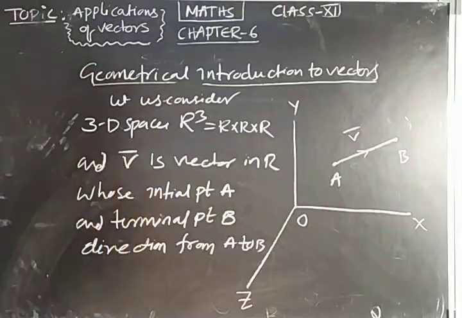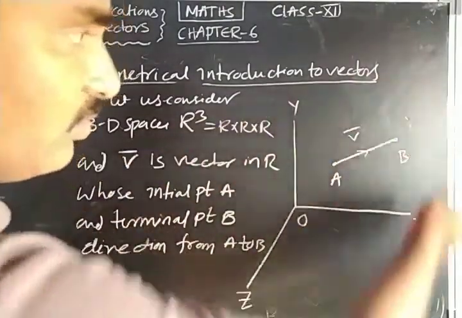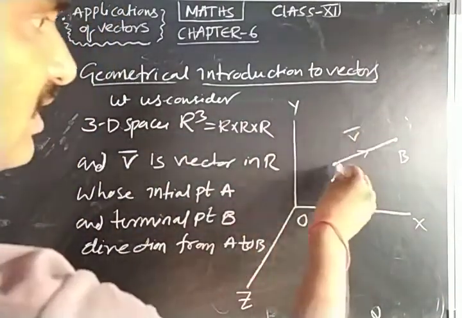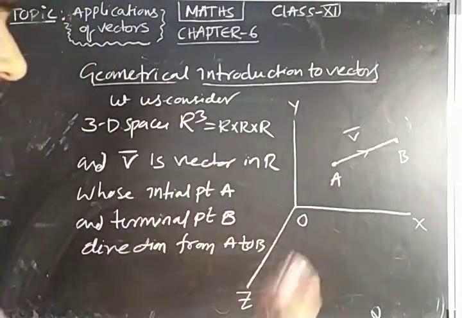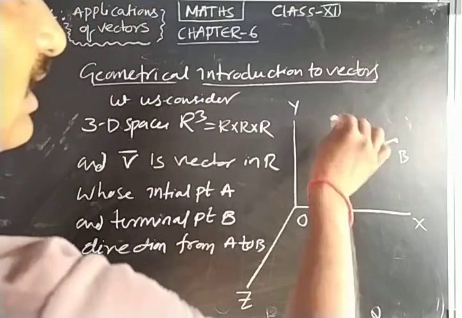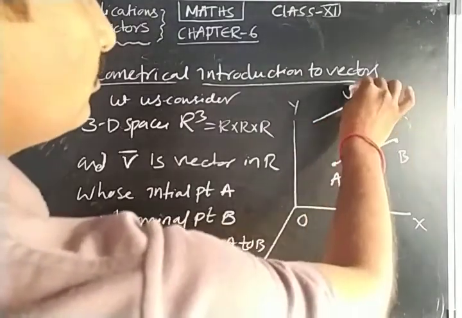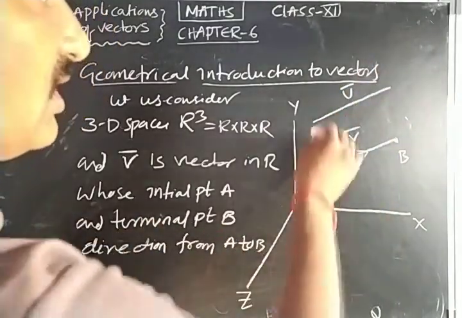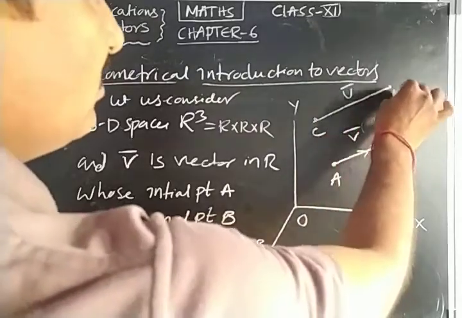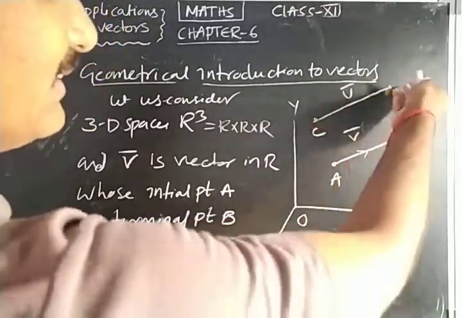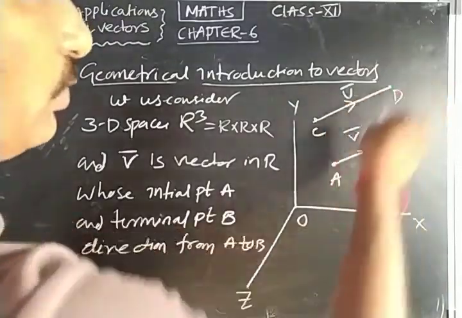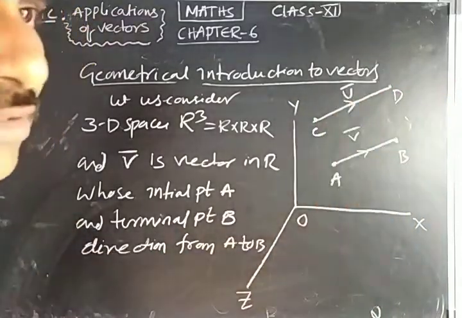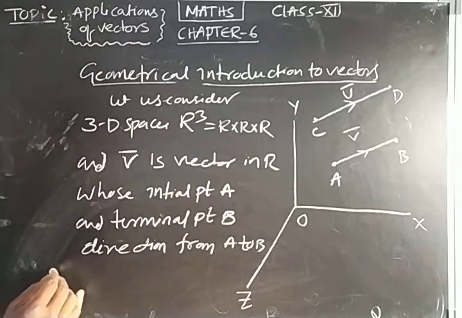So I have taken one vector in the R cube space, 3D space, whose initial point is A, terminal point is B. Okay, and suppose I am taking another vector U bar, whose initial point is C, terminal point is D, whose length is equal to AB, and direction is from C to D. Then these two vectors are said to be equal vectors.